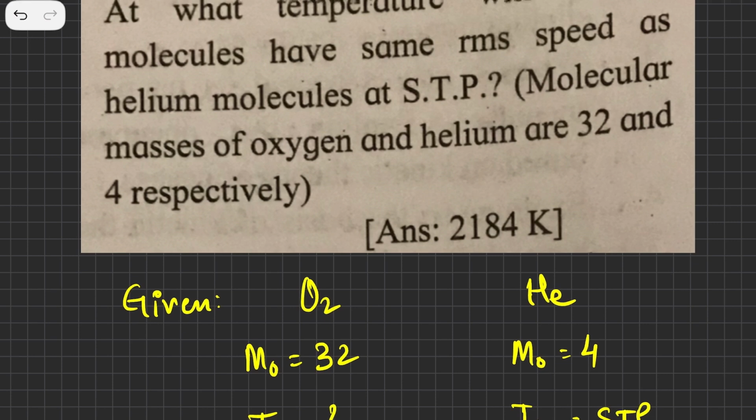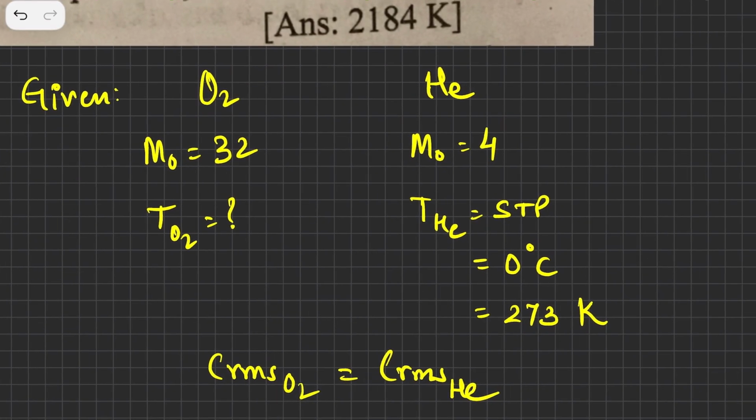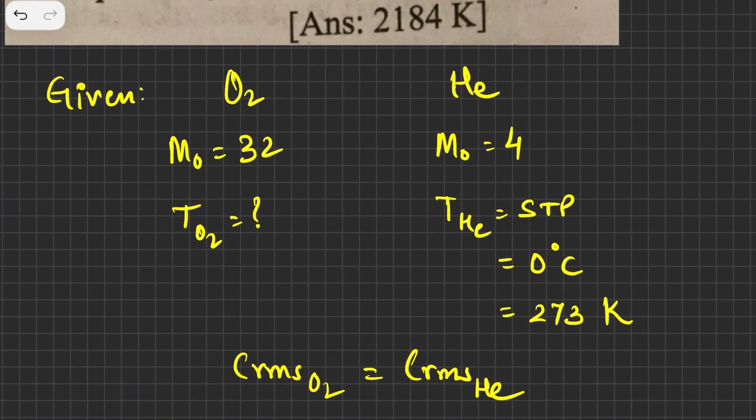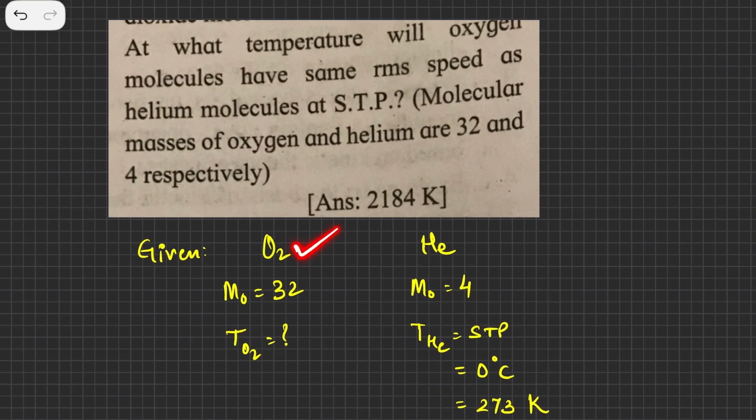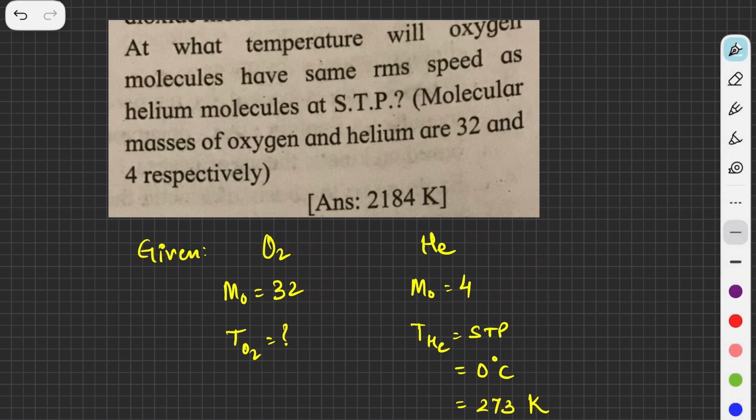Let's see. So I have deduced that data into a tabular form. If you see the data, oxygen, helium, molar mass of oxygen, molar mass of helium. I'll just put a suffix over there. This is M0 of O2 and this is M0 of He, that is for helium.